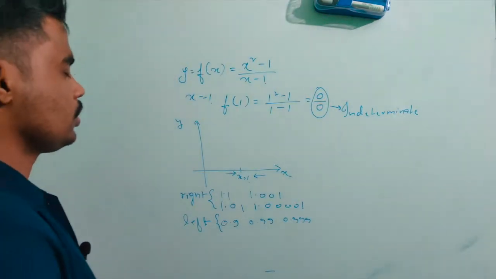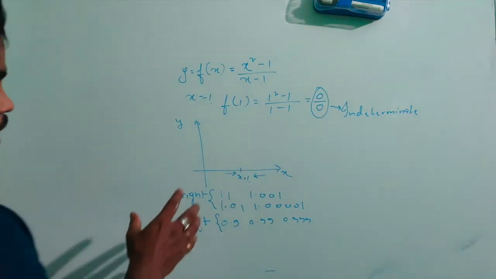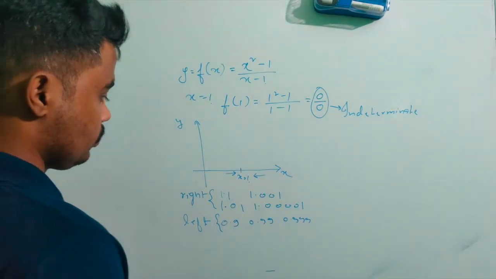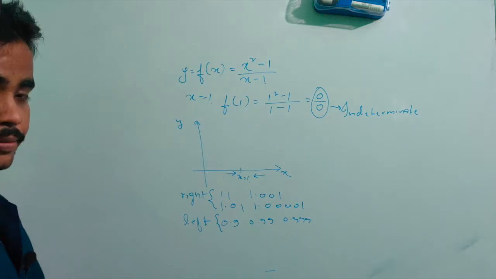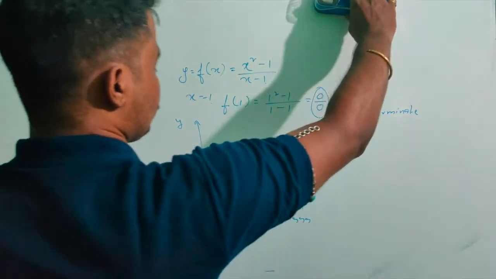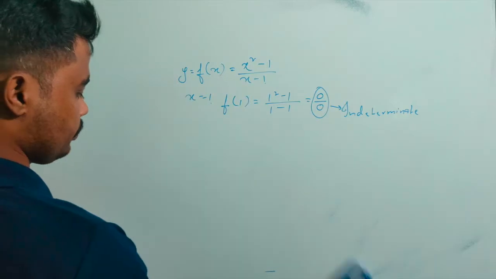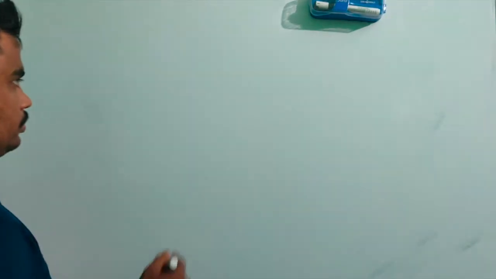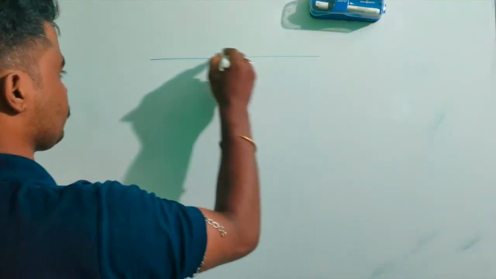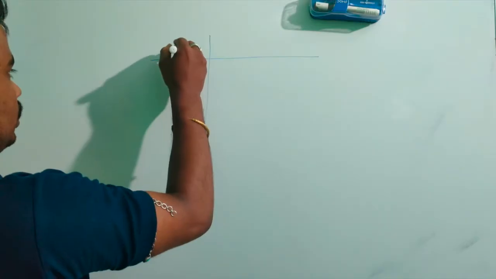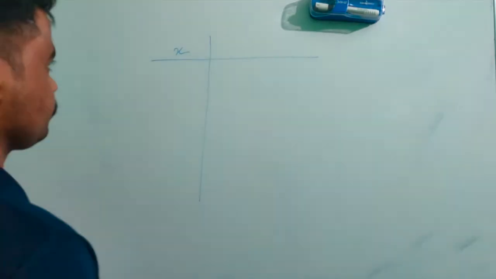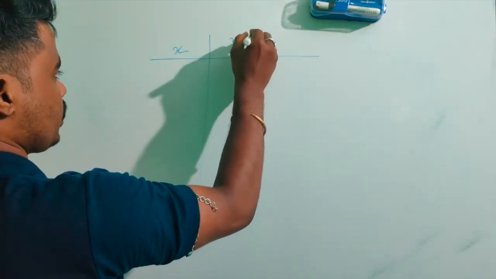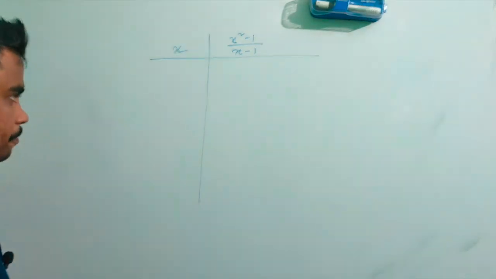Now let us see, if we evaluate the function on these values, what will be the output of the function? Let us calculate. So I make a table here: x, and here I will write the function x square minus 1 by x minus 1.